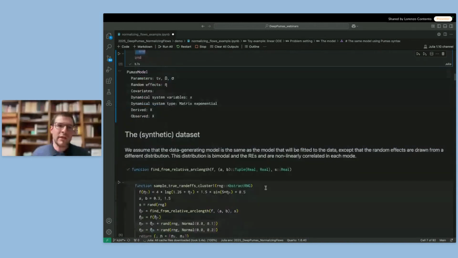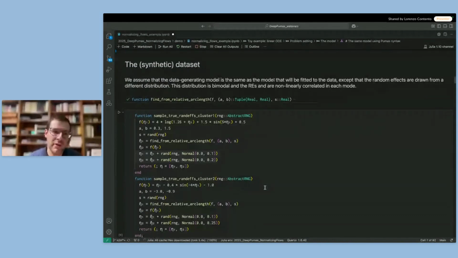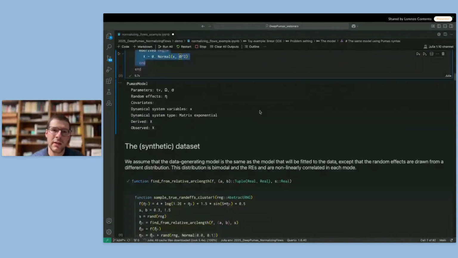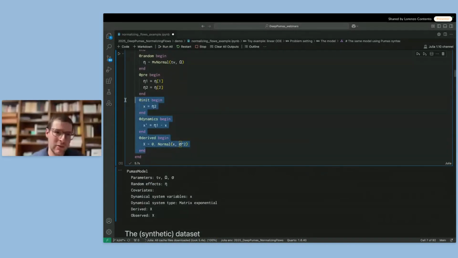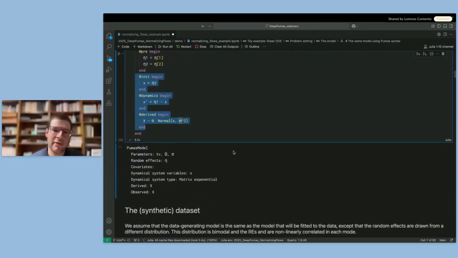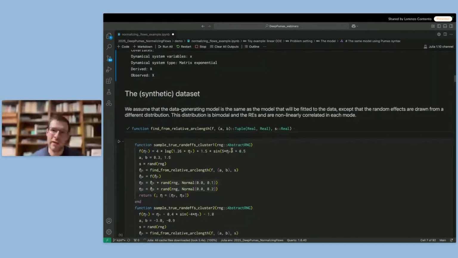So we also need a data set, and the synthetic data set that we will use will be generated with a model that will have the same observation part, so the same ODE and same noise part, but we'll have a different distribution of the random effects. In particular, we will draw from a mixture model, where each mode presents a nonlinear correlation between the random effects.